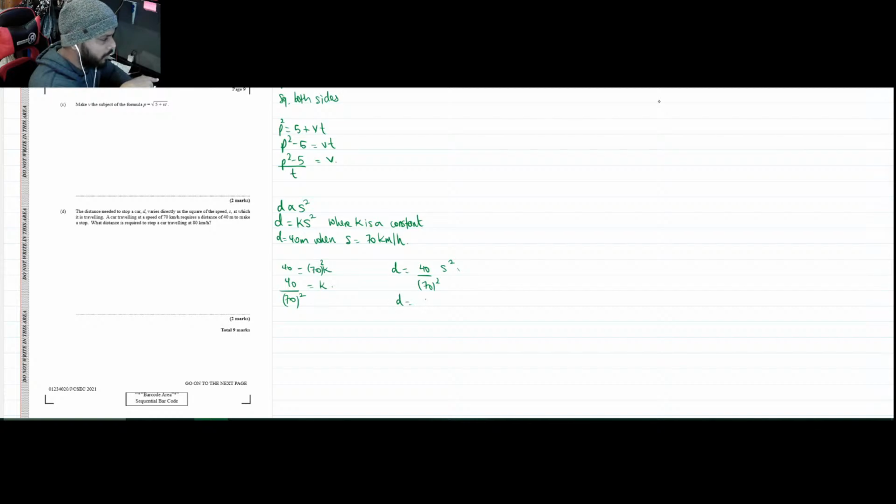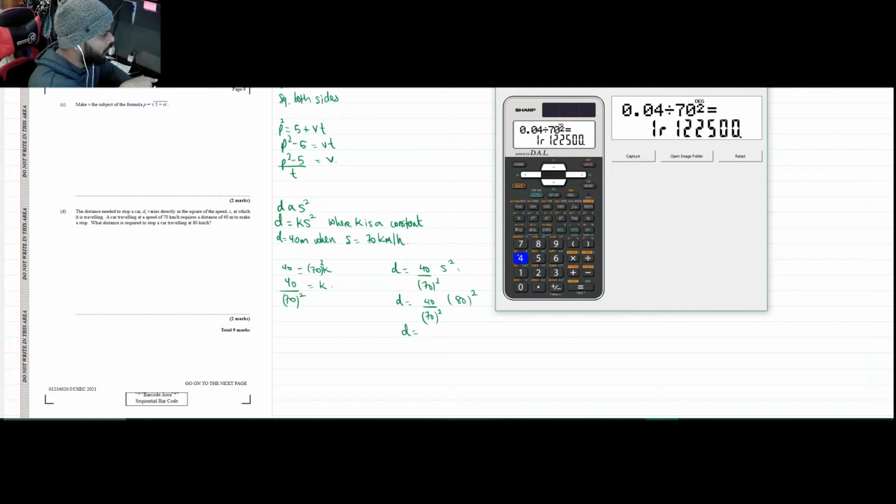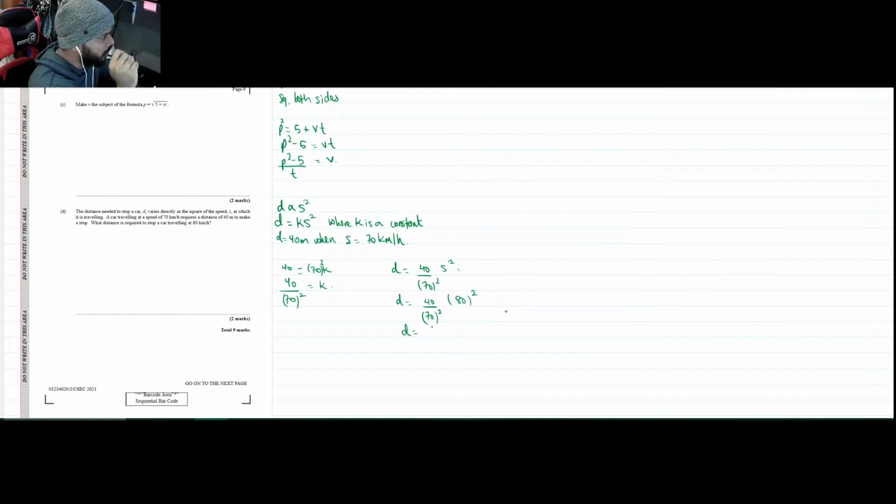So D is equal to 40 over 70 squared multiplied by 80 squared, which is 52.244. Did they say any decimal places? No. 52.244 correct to 2 decimal places.